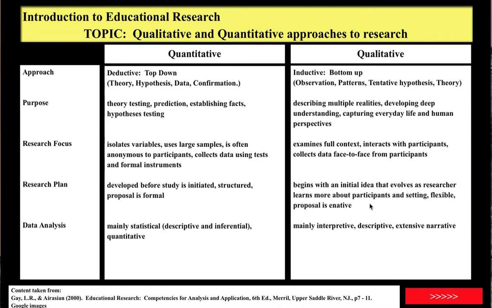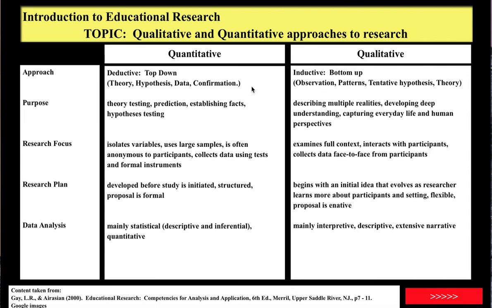The focus shifts from one direction to another, and it's fine-tuned. Now, data analysis, as we said, is usually statistical with descriptive and inferential statistics for the quantitative. And it's mainly interpretive, descriptive, with extensive narratives for the qualitative. So these are 2 entirely different paradigms, entirely different ways of gaining information about a topic.